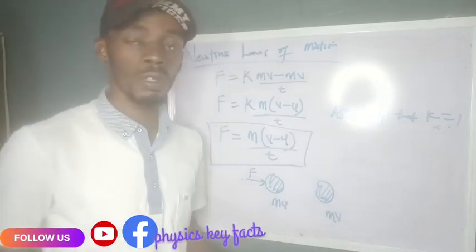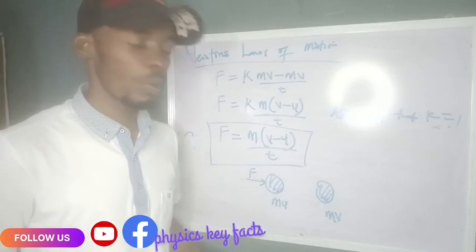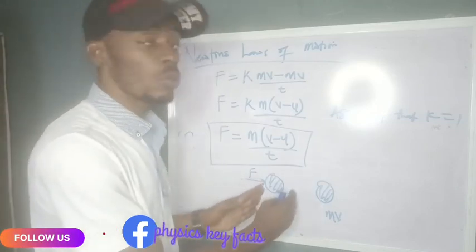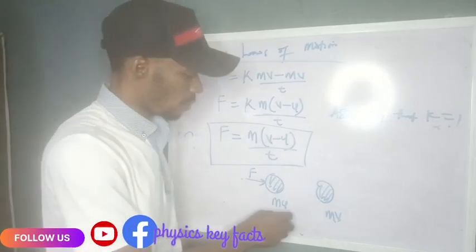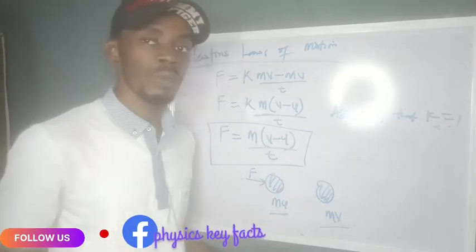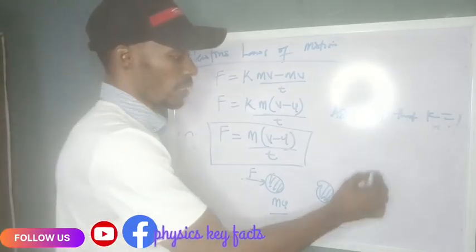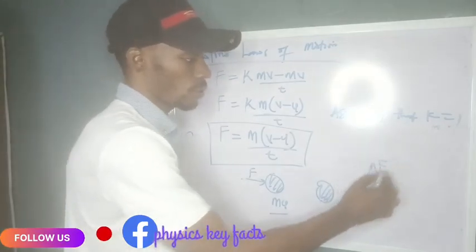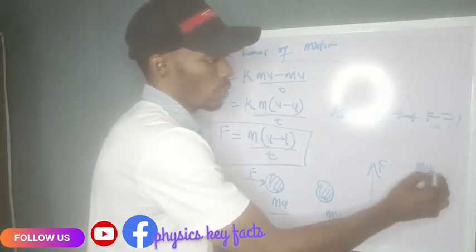So the rate at which the momentum of this body changes from initial momentum to final momentum is directly proportional to the applied force. It means the higher the force, the higher the change in momentum.